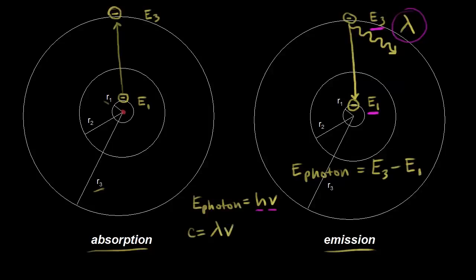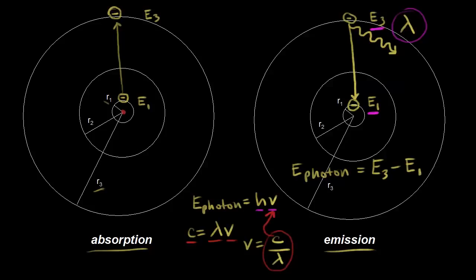So c is the speed of light, lambda is the wavelength, and nu is the frequency. And so if we solve for the frequency, it would be equal to the speed of light divided by lambda. And then we're going to take all of that and plug this into here.